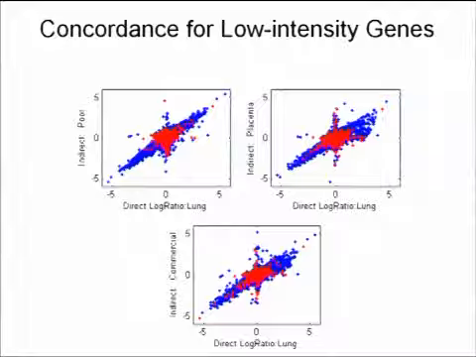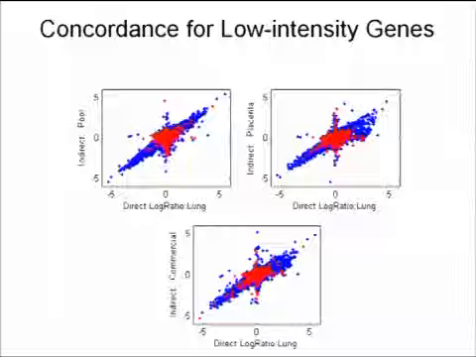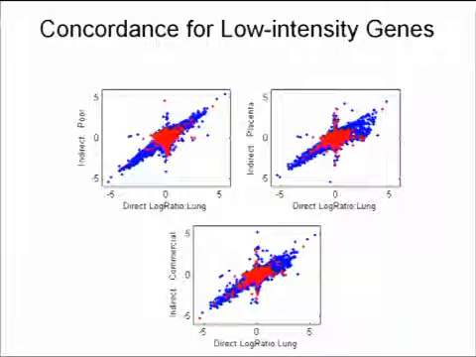And then we do get some low intensity genes in these error areas where one comparison is giving you a 0 log ratio and the other is giving you something away from 0. But notice there are still a lot of blue points in those areas as well. So we're not identifying all those problem spots by simply looking at low intensity genes.